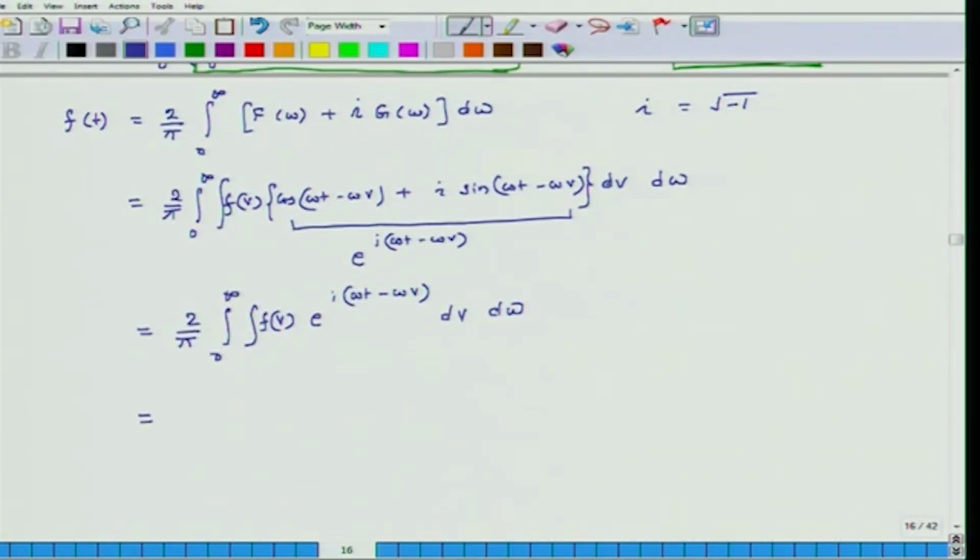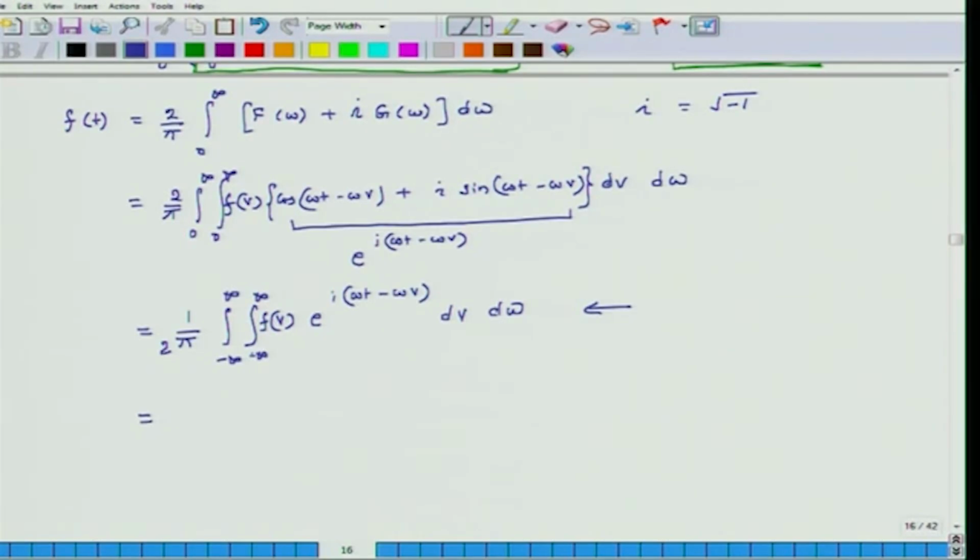What I can do is change these limits, so I can make this 1 and here I have minus infinity, and I still get the same thing. So now we are pretty close to the Fourier transform, and I can change the limit again. These limits were 0 to infinity, and if I make this minus infinity to infinity, then I have to make it 1 over 2 pi.